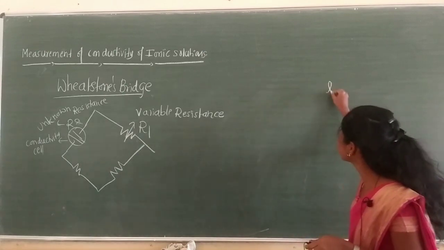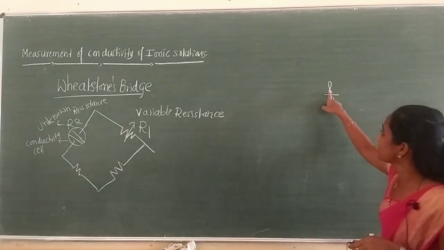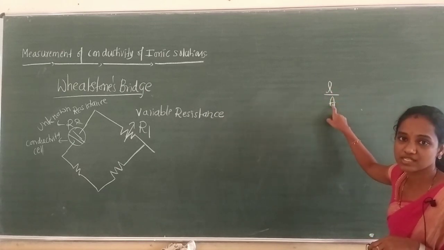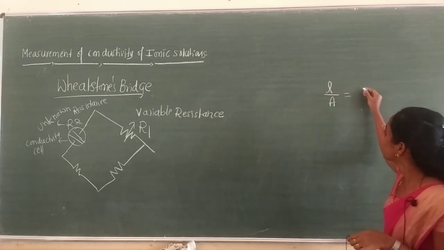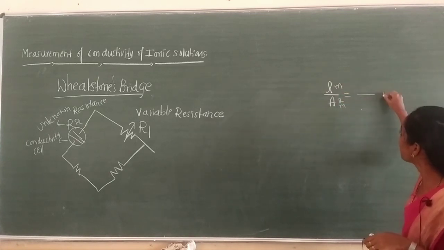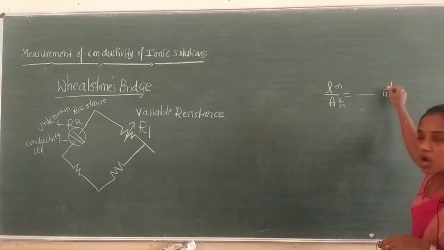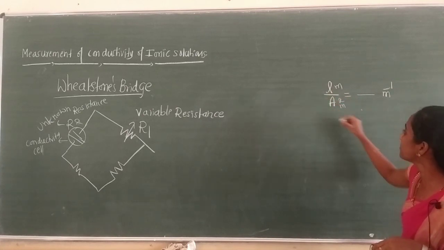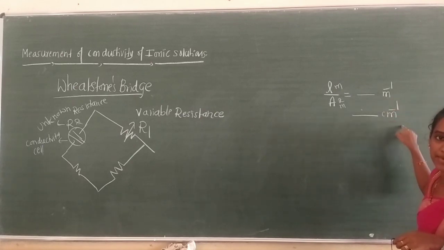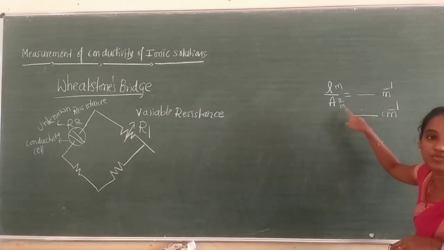Cell constant, that is l by A. If it is in meters, for example, it is 2 meters, and area is in meters square, so the value will be per meter. Or if it is in centimeters, then whatever answer you get will be in centimeter inverse. So that is the value of the cell constant.